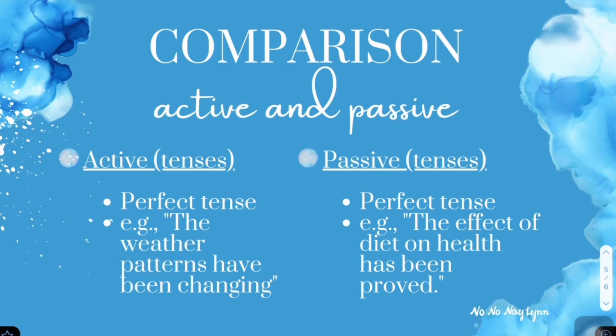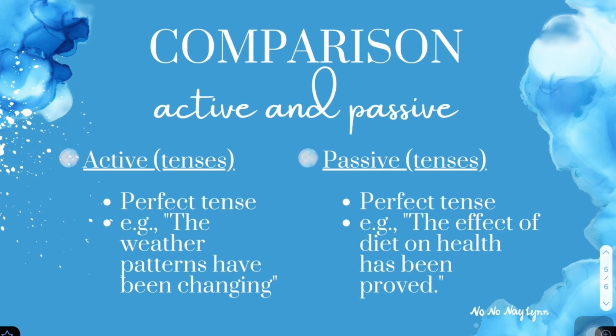Okay, so let's take a look at passive. For example, the effect of diet on health has been proved. It is research, so it does have a discernible effect on the present or on people's minds. In this case, research proved this effect, and therefore people's minds are influenced to believe this fact as a confirmation from the people who are considered experts.